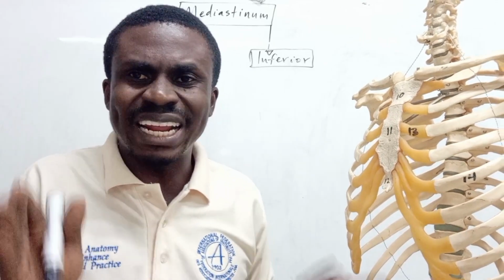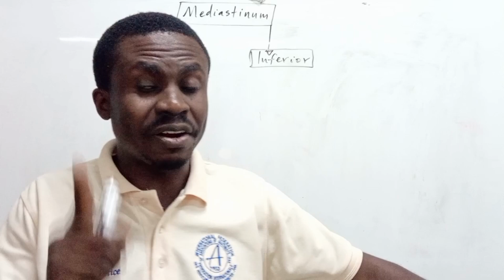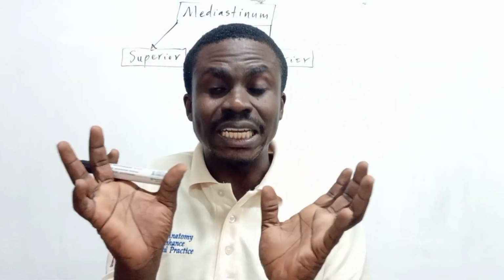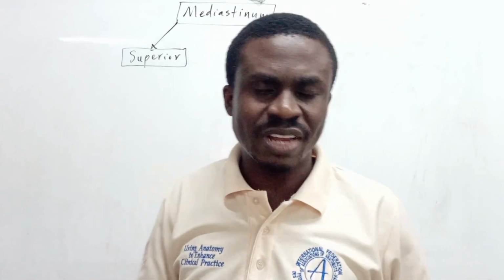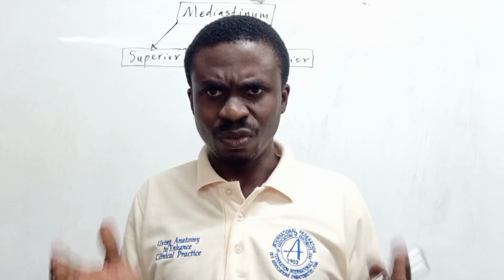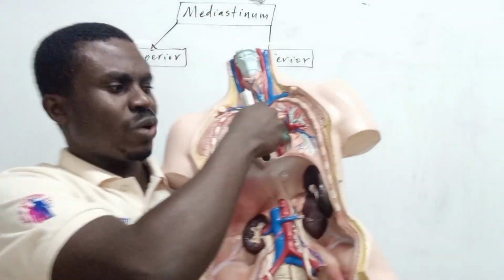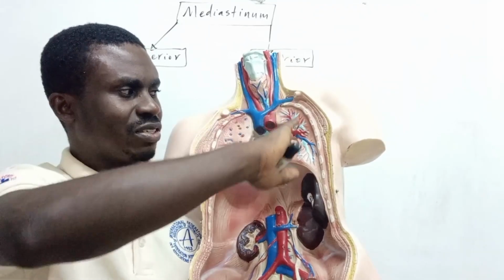Then, my friends, how about the lateral aspect? Now, to help understand the lateral aspect, remember that we said that this region is sandwiched between the two lungs. And already we've discussed that the parietal pleura will have lungs. So look at it. This is the area. This is where the mediastinum is. Now the lungs will be here.